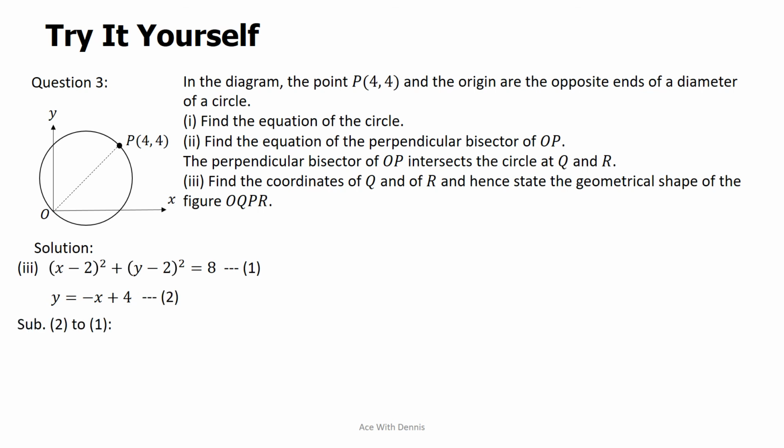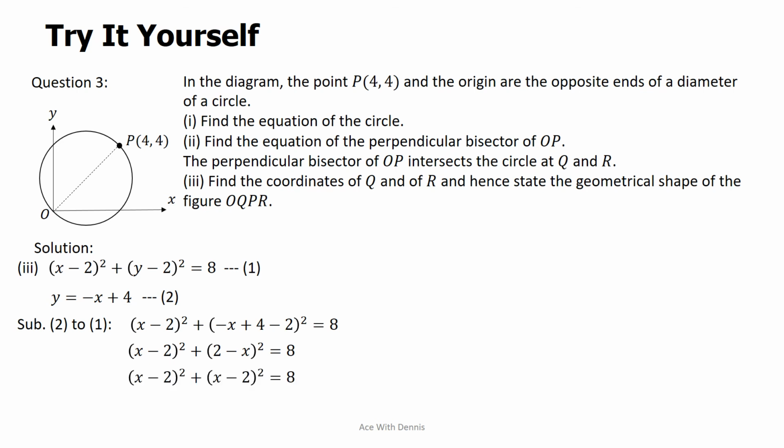Now I want to substitute equation number 2 into equation number 1, and it will be (x minus 2) squared plus (-x plus 4 minus 2) squared equals 8. Rearrange, it will be (x minus 2) squared plus (2 minus x) squared equals 8, or (x minus 2) squared plus (x minus 2) squared equals 8.